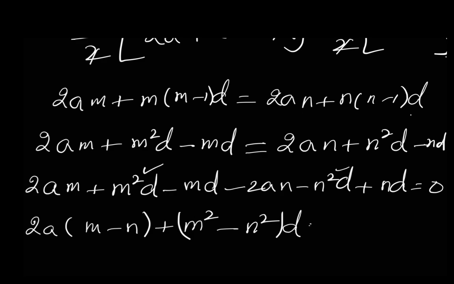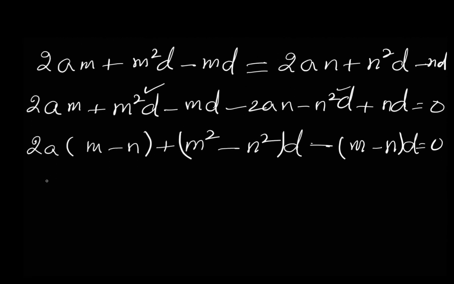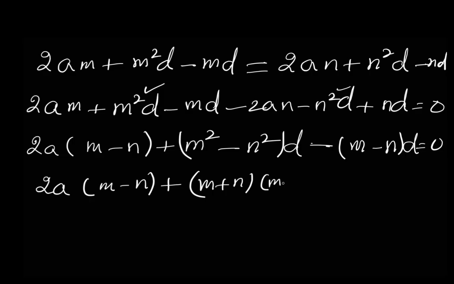So I take one minus outside. So this m becomes plus, but n becomes minus, d is equal to 0. See, 2a into m minus n plus m squared minus n squared, that is m plus n, m minus n into d, minus m minus n into d is equal to 0.